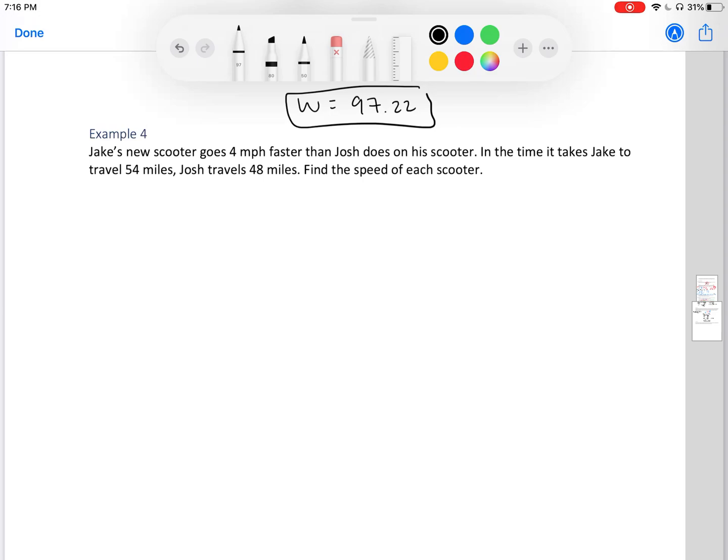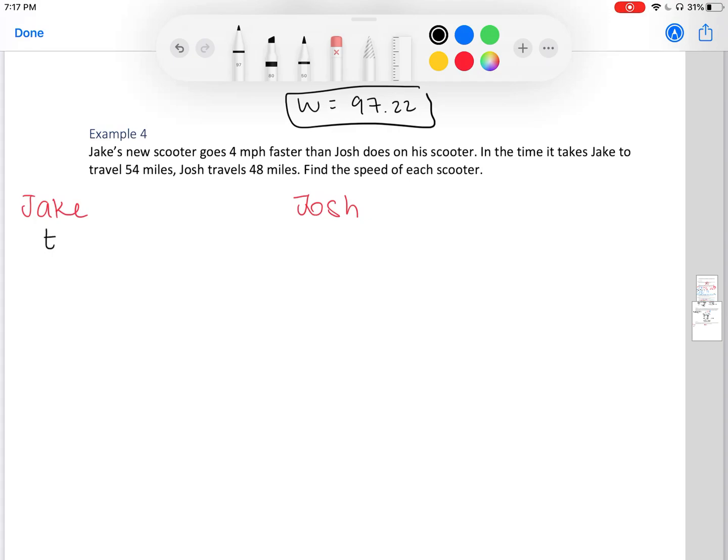All right, so let's put some stuff together. We're talking about Jake, and we're talking about Josh. So let's create a variable. Let's make Jake t.